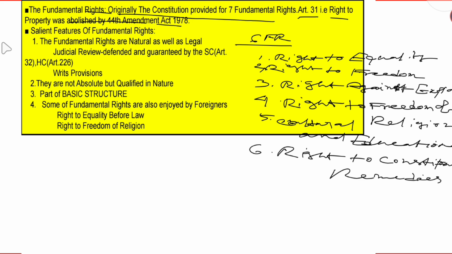The remaining 6 fundamental rights are: 1, right to equality; number 2, right to freedom; number 3, right against exploitation; number 4, right to freedom of religion.